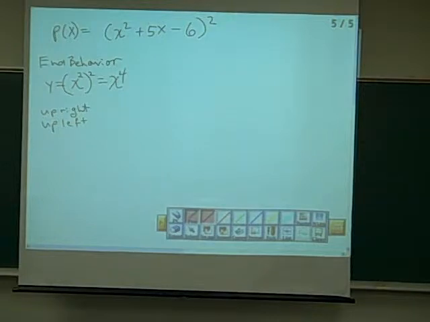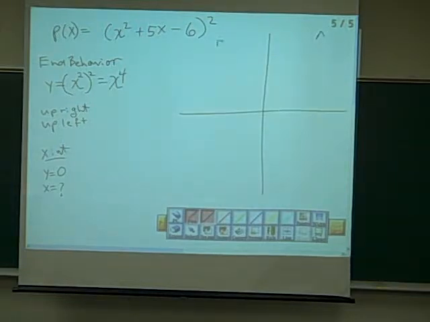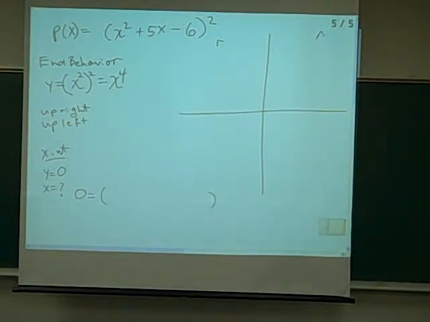And we're going to go ahead and find our x-intercepts. So we're going to set y equal to 0, solve for x. Okay, we know it's going to go up, right, up, left. So we have 0 equals parentheses squared. And so we got x squared plus 5x minus 6.